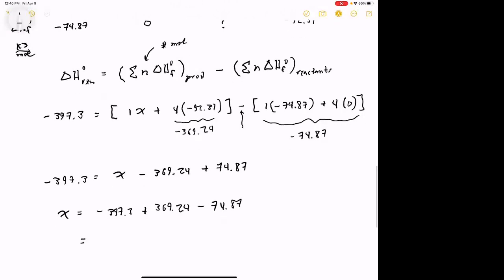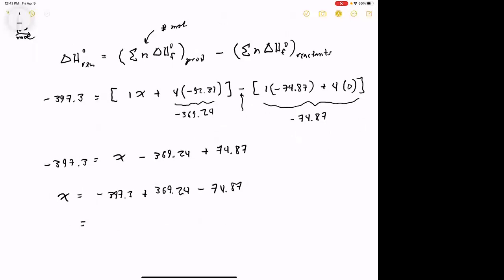And when you work this out, my math tells me that's going to be minus 102 kilojoules. Now keep in mind that this is per mole of formation of the CCl4.